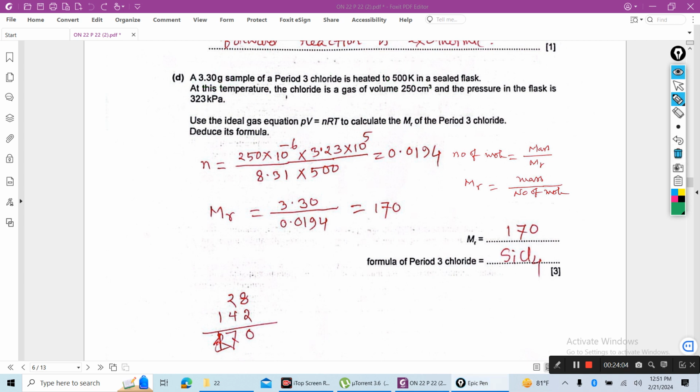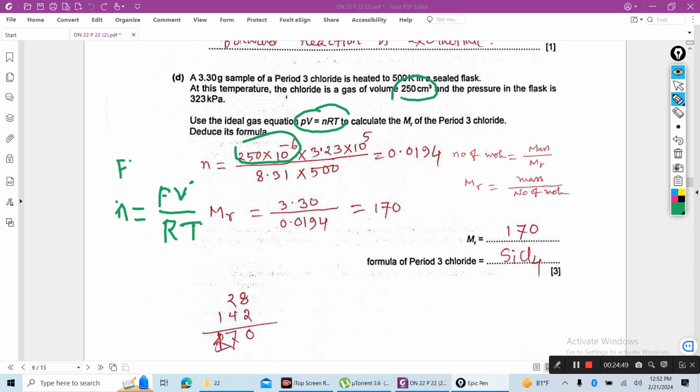Now you see, PV equal nRT, so n will be PV divided by RT. Now V is 250 times 10 to the power negative 6. It has been converted to meter cube.